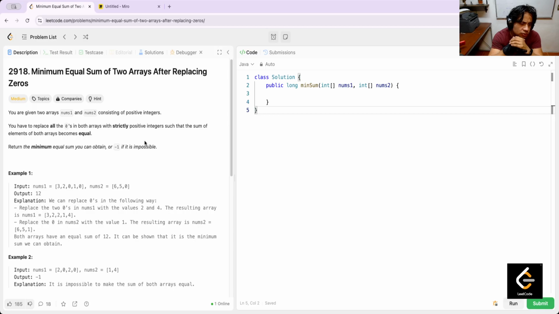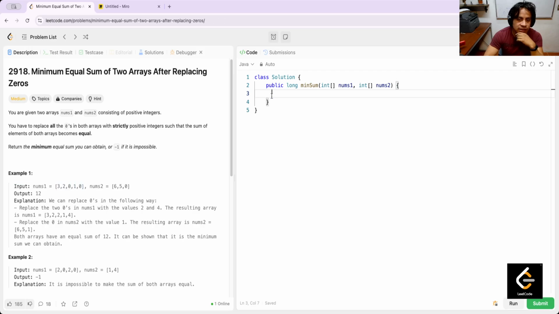3, 2, 0, 1, 0. The other is 5. Okay, the first point is that I don't need to return the array, sorry. It means that I only need to count how many zeros I have in the first array and in the second, and the total of the sum of this.